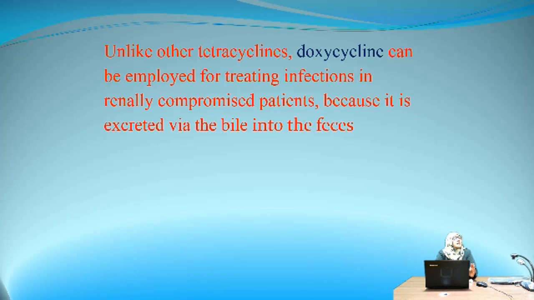So, unlike the other tetracyclines, doxycycline is used in patients with renal impairment. Why? Because this drug is excreted via the bile into the feces, not by renal routes.